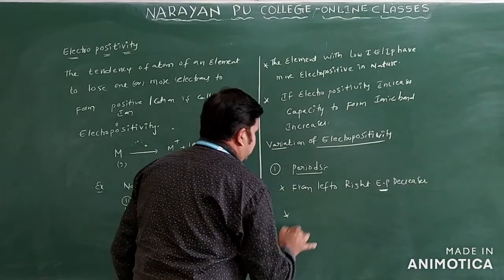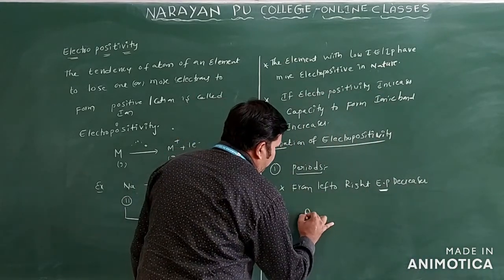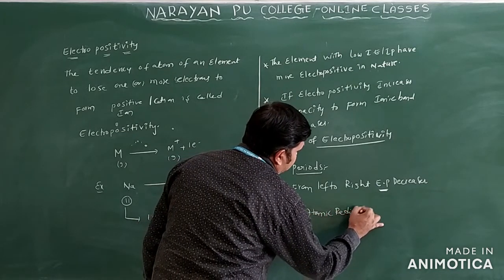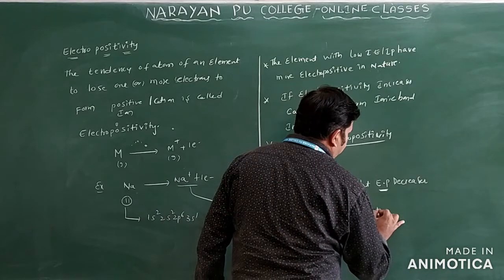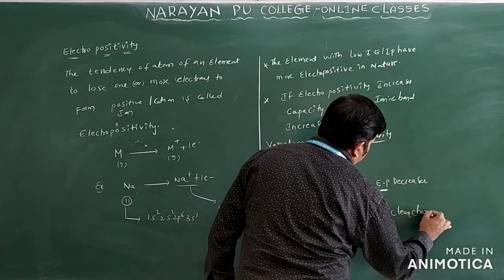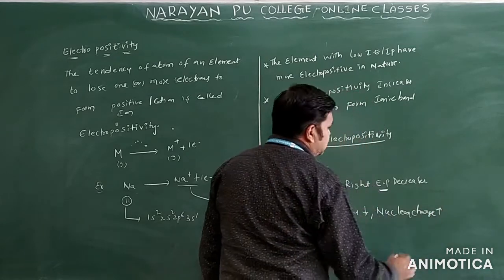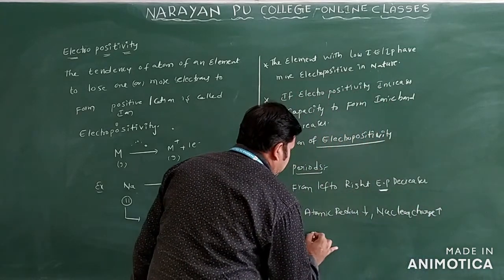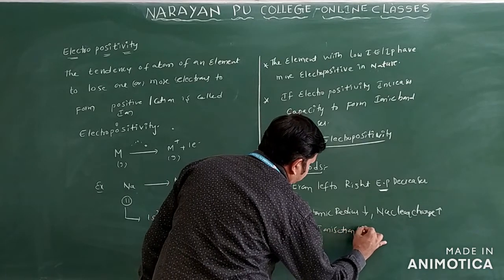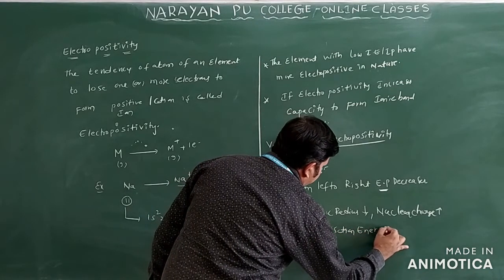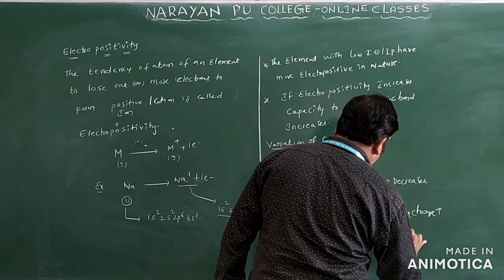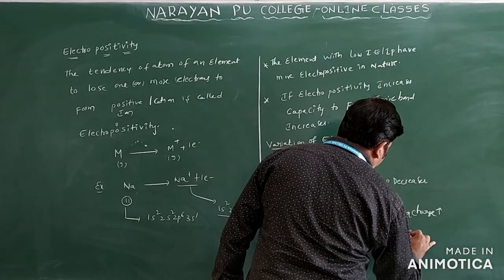So generally in a period from left to right, atomic radius decreases, then nuclear charge increases, then ionization energy increases, and I will say electropositivity decreases.